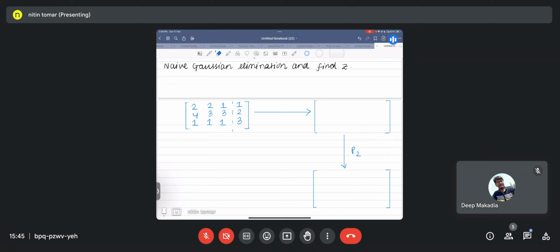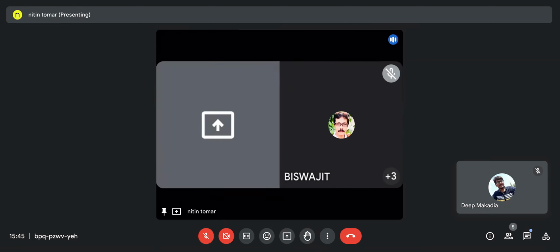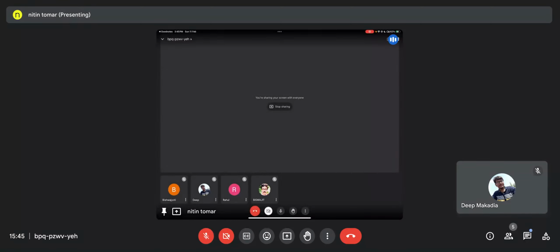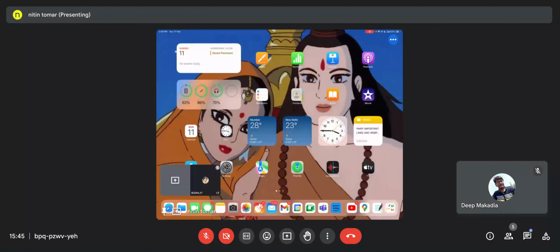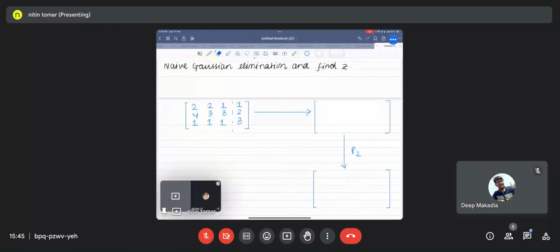Can anyone tell me, other than Biswajit, what should be the first row operation? R2 goes to R2 minus 2R1.